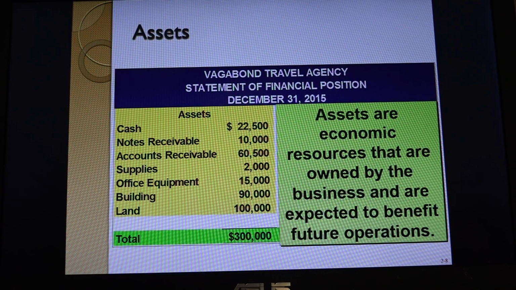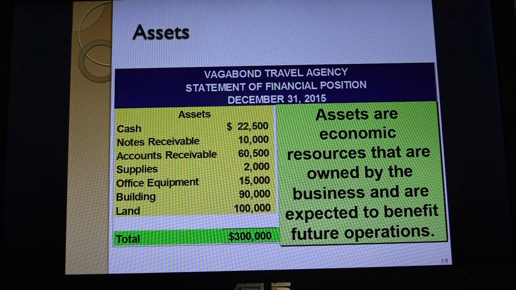Now, assets can be tangible. Pretty much everything here is tangible in some fashion. One thing you'll see some chapters later is the fact that you can have intangible assets, such as something called goodwill.